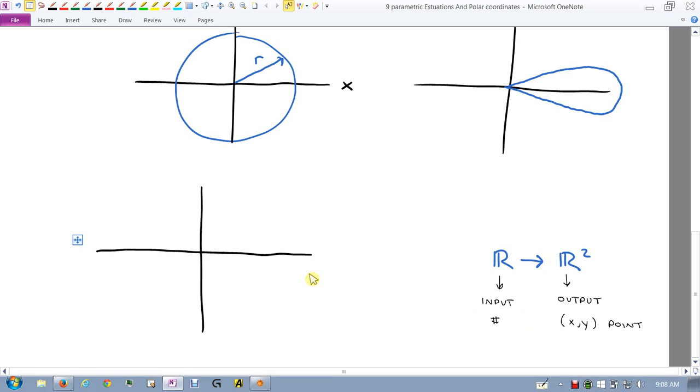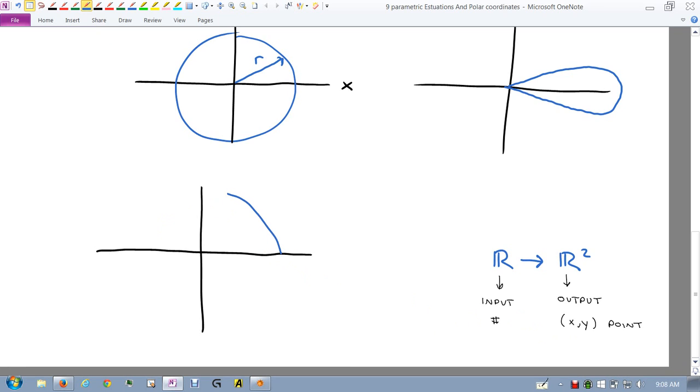So if I'm going to try and draw a circle, every single point on the circle has some x and some y coordinate, correct? And what I want to do is plot each one of those points by plugging in some number. And that number is no longer going to be in our picture.